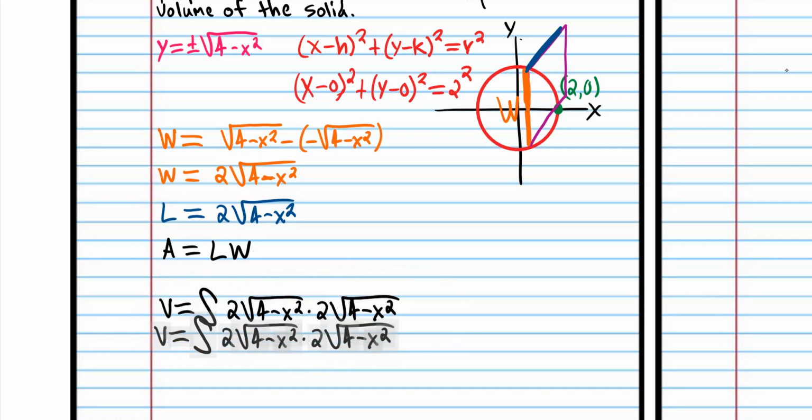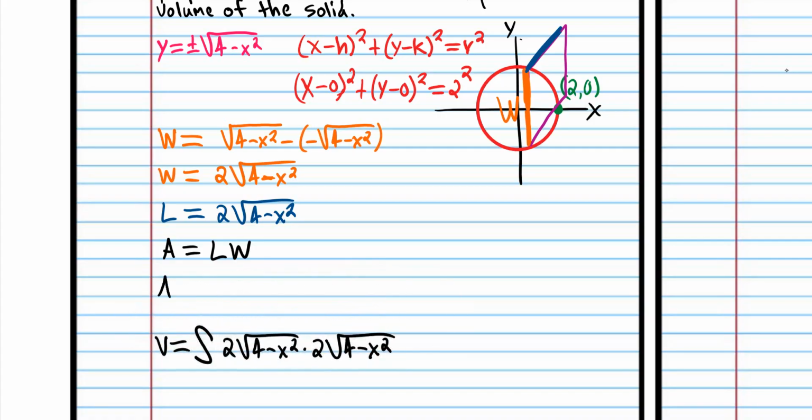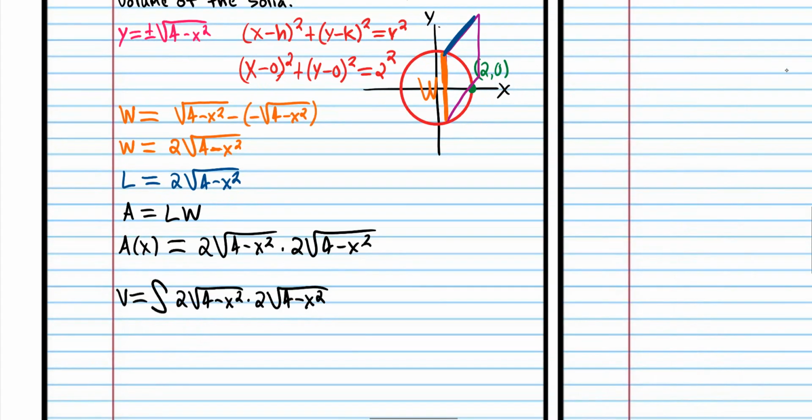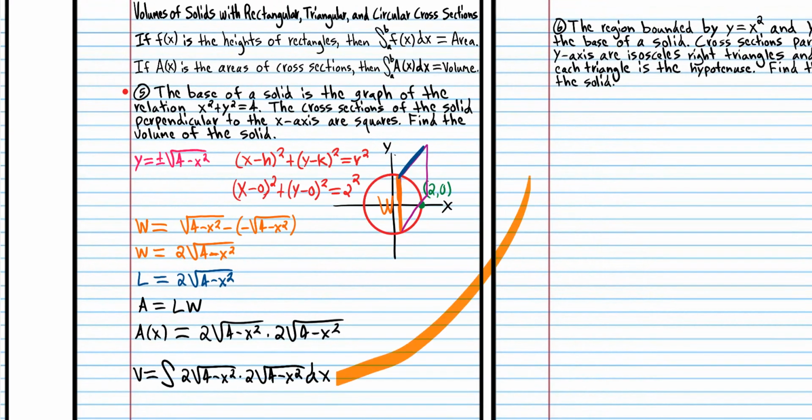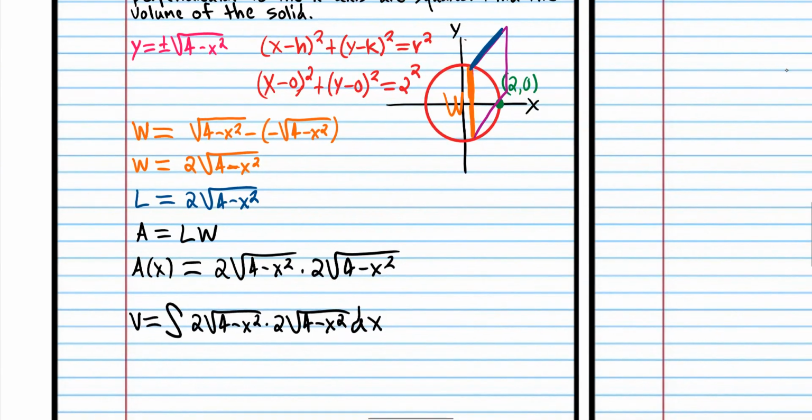And if you want to write it as a function of x, we would write it as 2 root 4 minus x squared times 2 root 4 minus x squared. So now we're putting it in the integral. We're going to add up. Now again, look at this. We have the cross-sectional area in the integral. So we put that cross-sectional area in the integral, and we want to integrate from x equals -2 to x equals 2.